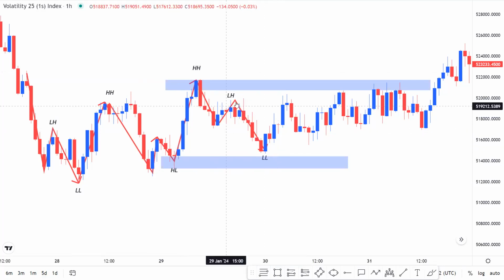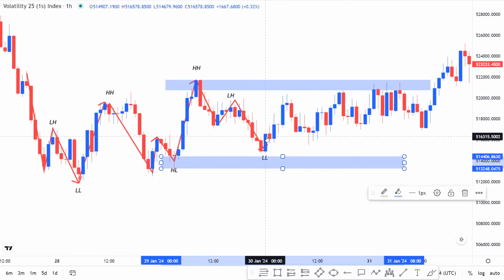So even though price seems to be bringing us lower low, lower high, and lower low in between, we still have the market strength, the market structure still in an uptrend.